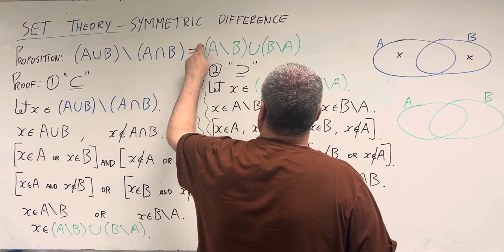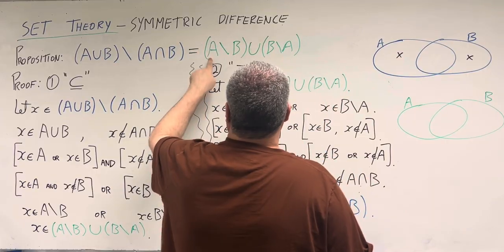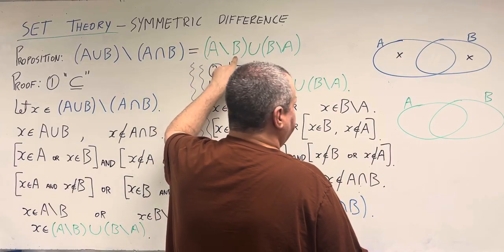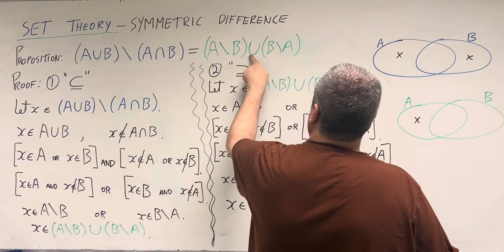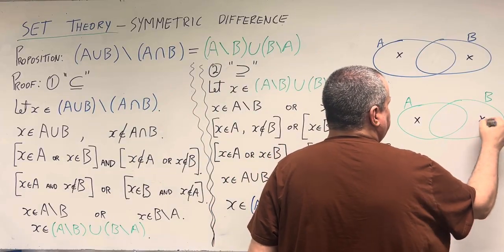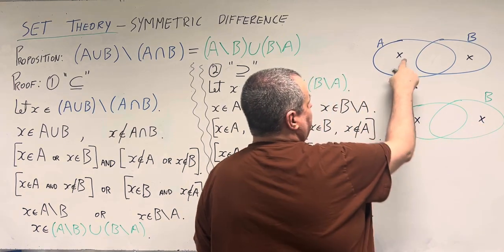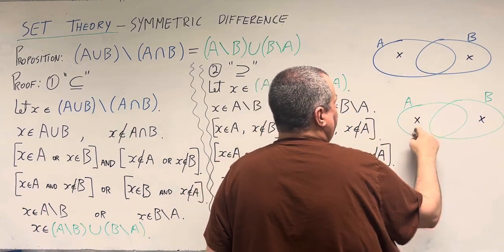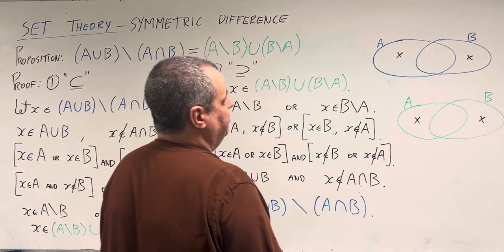The expression on the right-hand side here in green, it's A minus B, which is this region, union with B minus A. B minus A is this region here. And I take the union, so I take this or this. You can see by the picture, both are exactly the same set, right?